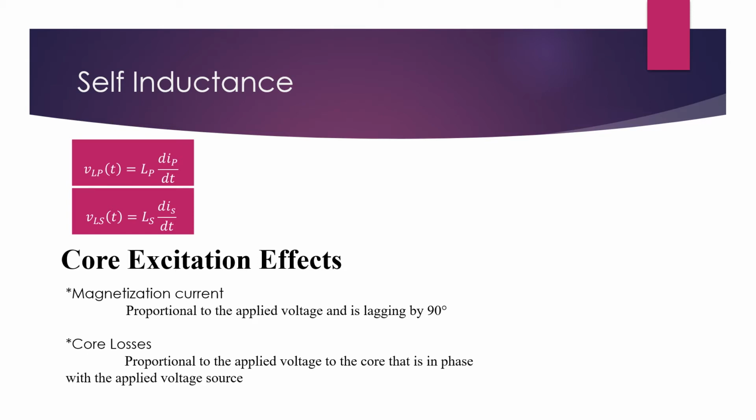Next are the core losses. Core losses are proportional to the applied voltage and are in phase with the applied voltage source, so they can be modeled by a resistance in the equivalent circuit of the practical transformer.